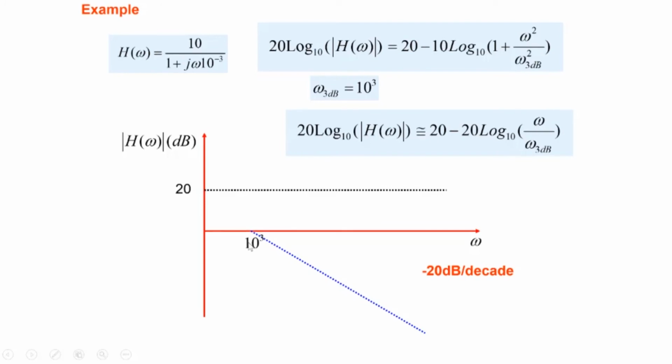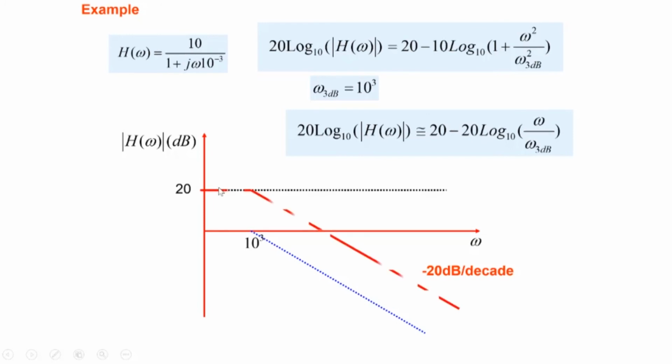A simplified plot, which you will see more in the next lecture, has omega 3 dB at 10 to the power 3, so we identified that point. Beyond that point, my signal is going to change at 20 dBs per decade. Below this point, the signal is constant at 20 dBs.